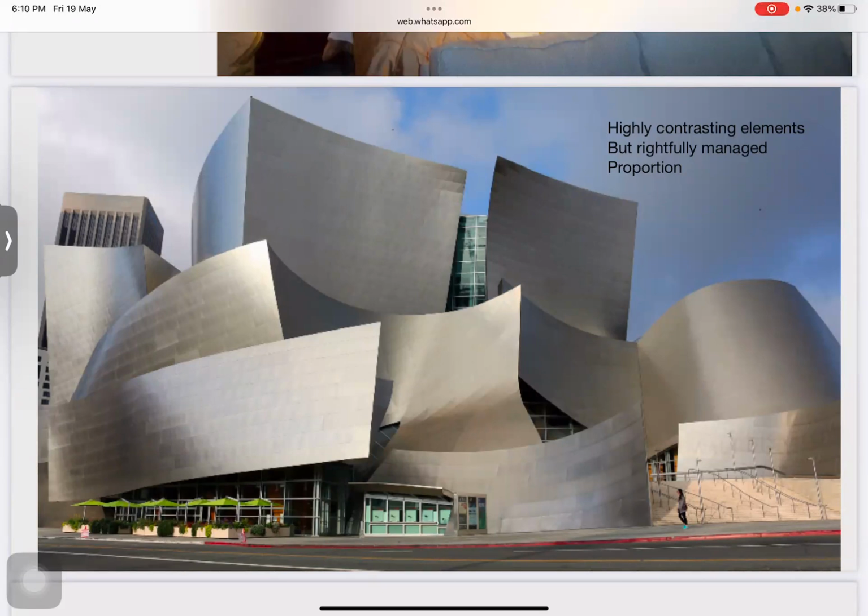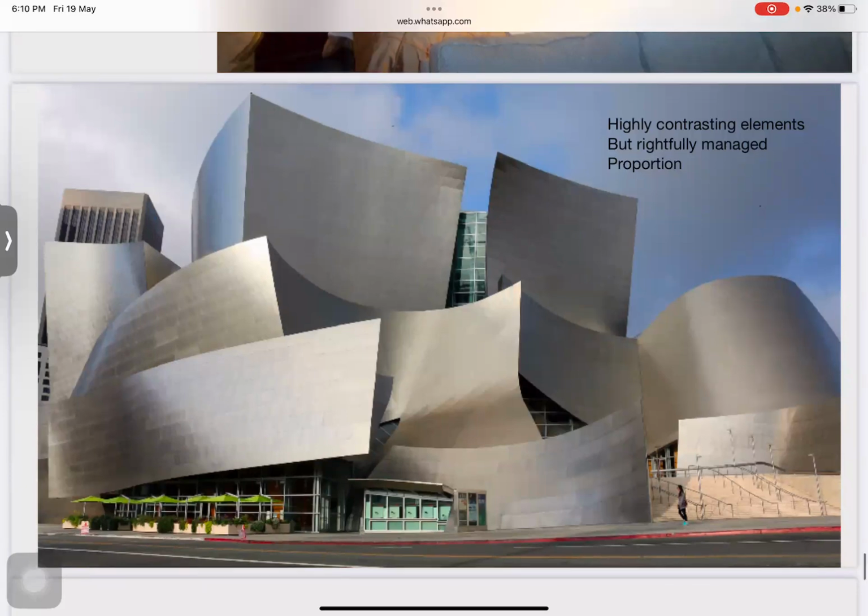Don't search for it. It's architect Frank Gehry. Walt Disney Concert Hall, located in Los Angeles, California.